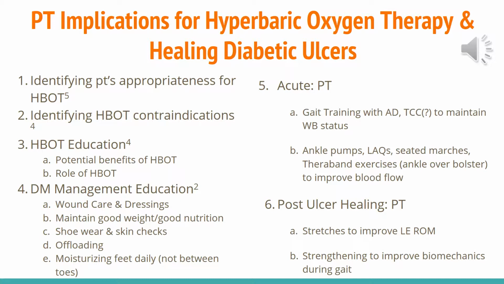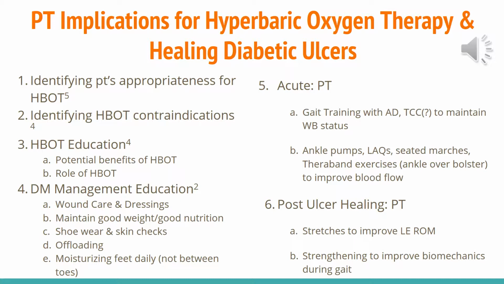For implications for us as physical therapists, we want to make sure we identify the patient's appropriateness for hyperbaric oxygen therapy. Like a lot of the articles said, if they have chronic diabetic foot ulcers that have failed regular treatment, we identify the contraindications for hyperbaric oxygen therapy.